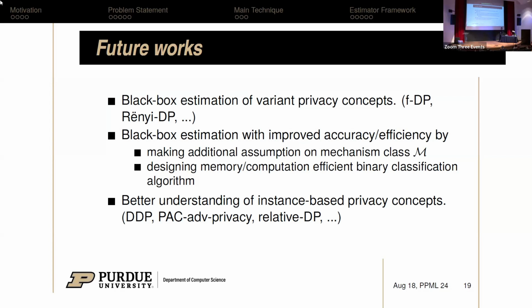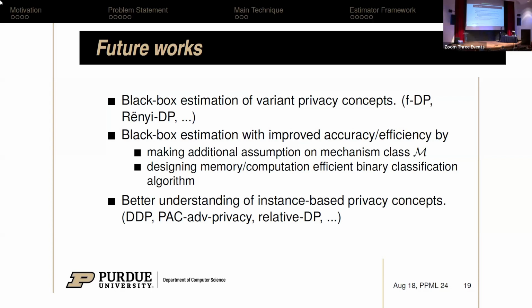There might be two ways. First, you restrict the class of randomized algorithms you are interested in. Another is to design memory- and computation-efficient binary classification algorithms. Like KNN, actually, I haven't seen people doing very large training datasets based on the KNN algorithm, so it's very interesting to see how to improve it.